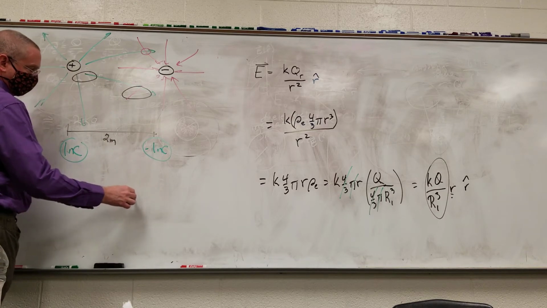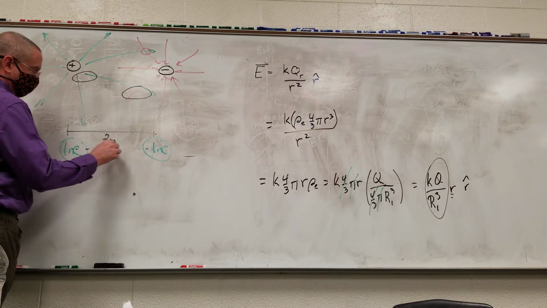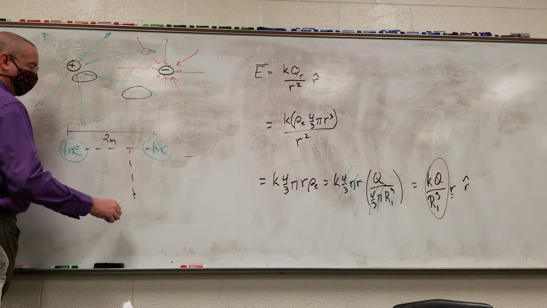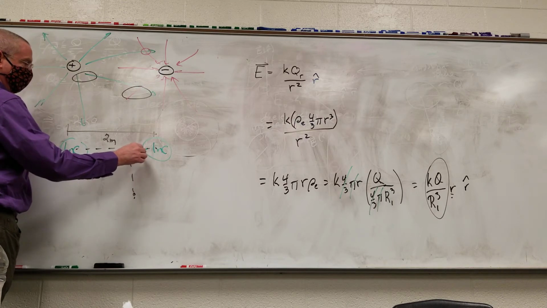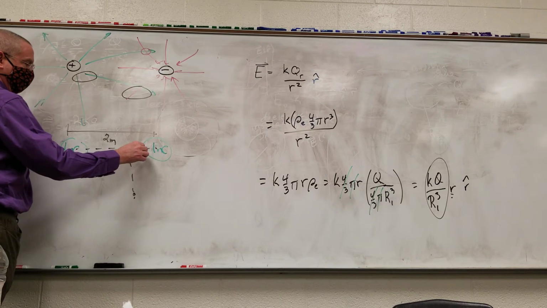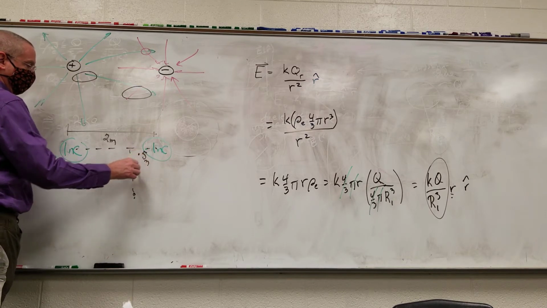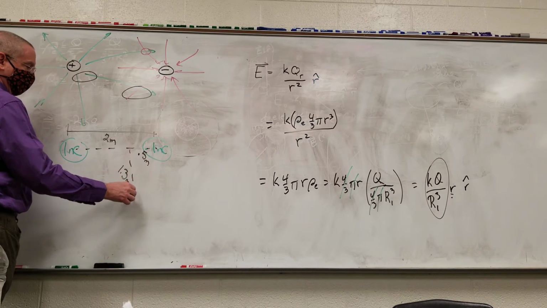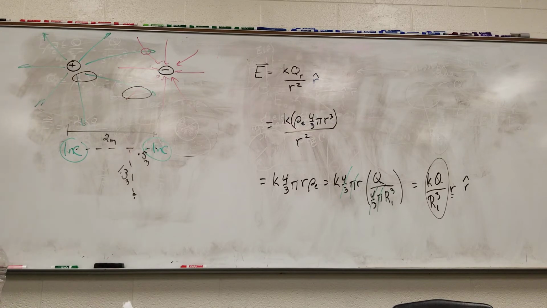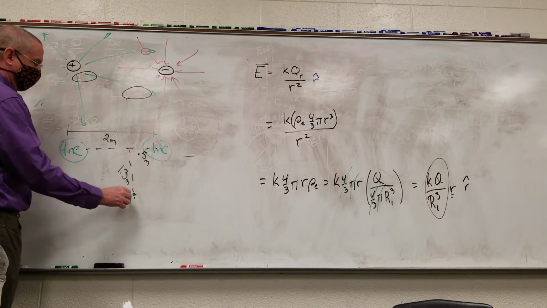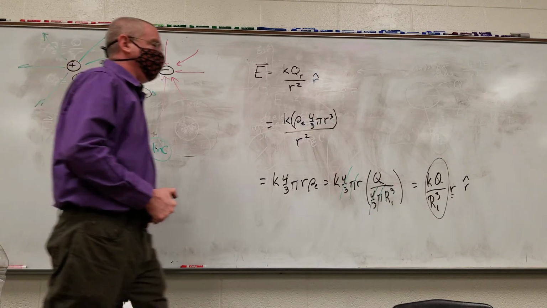And I want to know the electric field here. Let's make this point 1.5 meters and 1.3 meters. And what is the electric field? We'll call this point P. What is the electric field at point P?